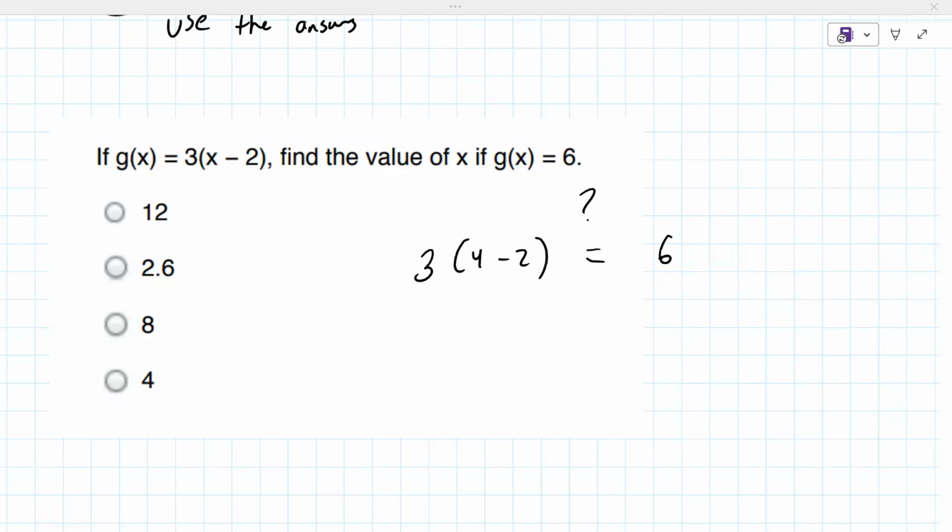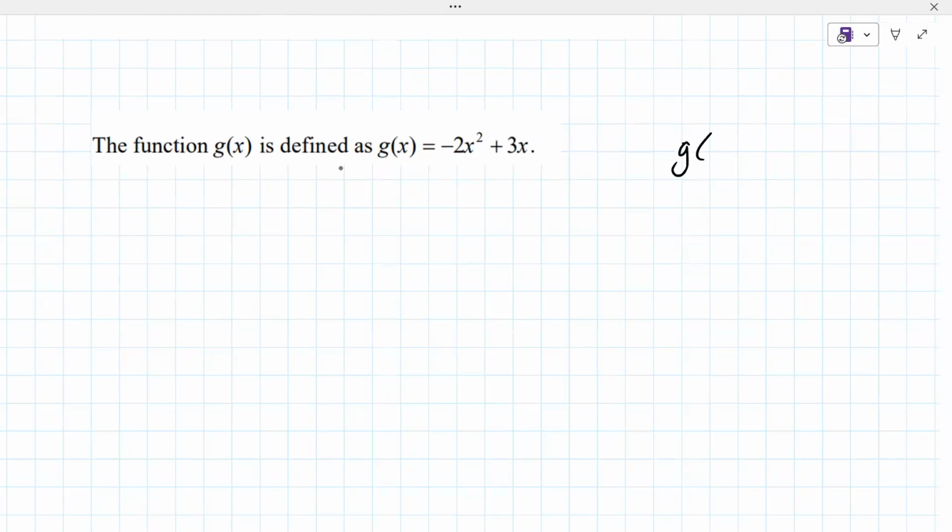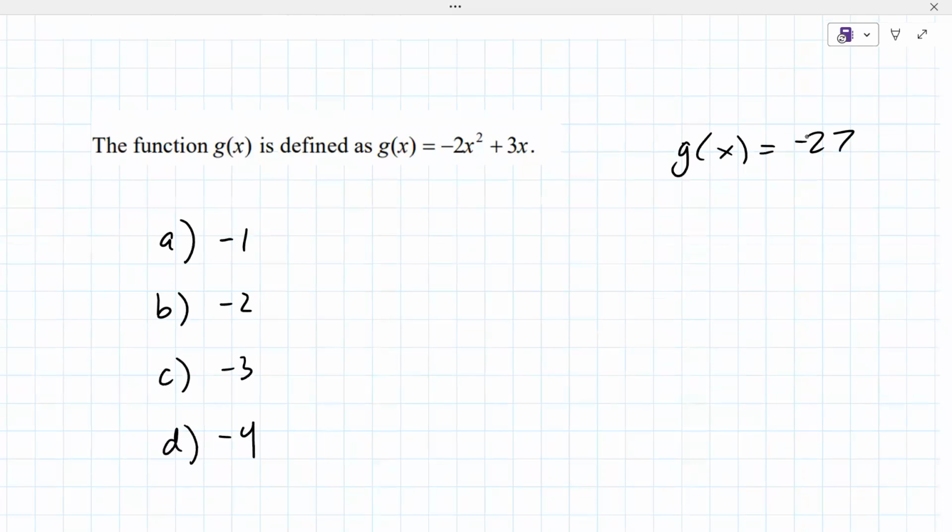So let's say here is the problem, and let's say that g of x equals negative 27. And the answers are -1, -2, -3, and -4.